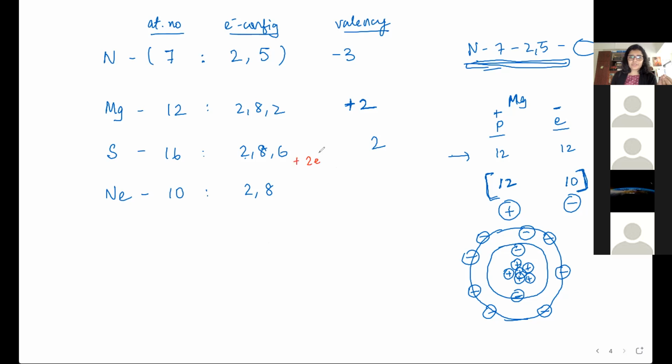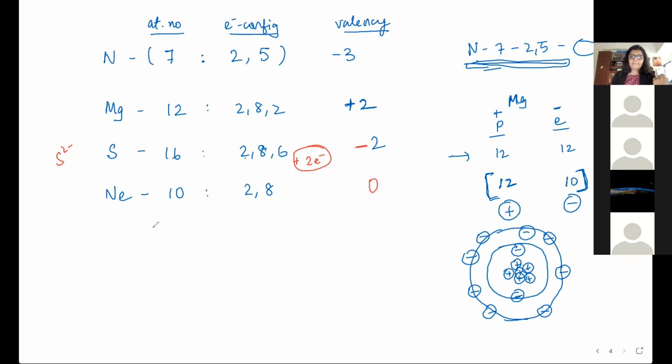Electrons are negative charge, meaning extra negative charge. How many? 2 extra negative charges. So overall, what it forms is S2 minus. That's why we write the valency as -2. Okay, so that's the logic behind why we put plus or minus in the valency. For this one it is 0, it doesn't gain electrons, doesn't lose electrons.